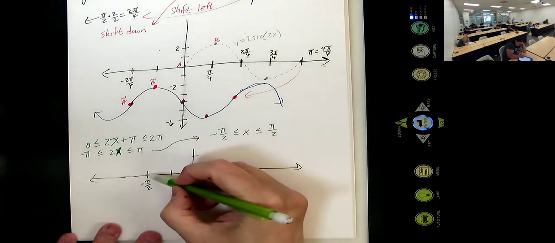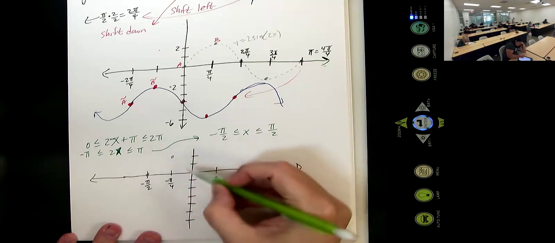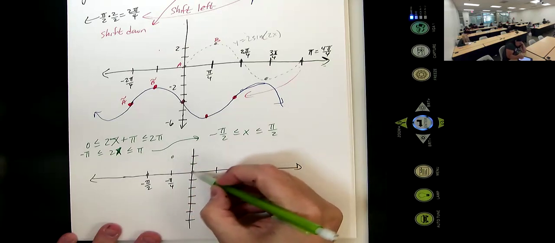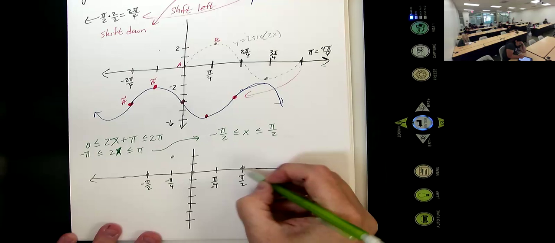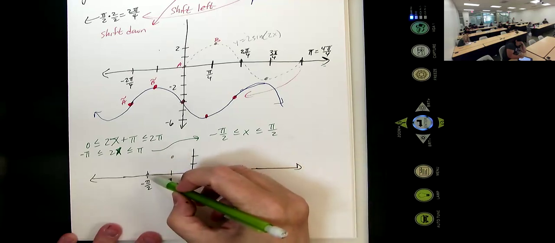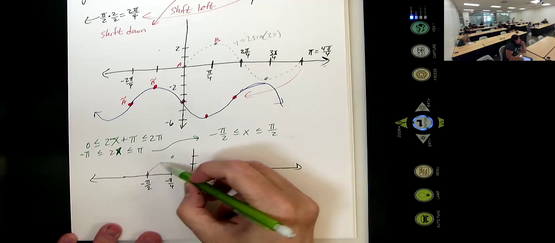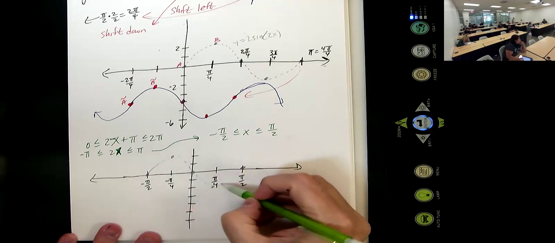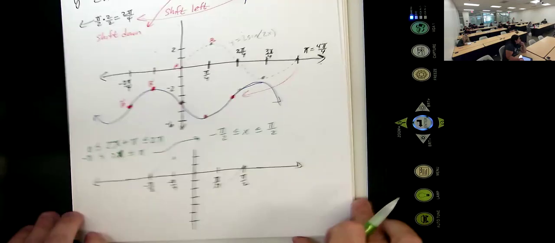And we're doing sine, so my base wave has an amplitude of 2. And we're doing the 0, 1, 0, 0, negative 1, 0, modified by the amplitude. That's the base.